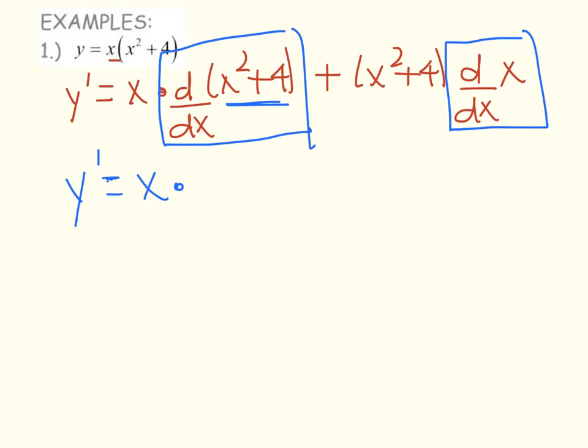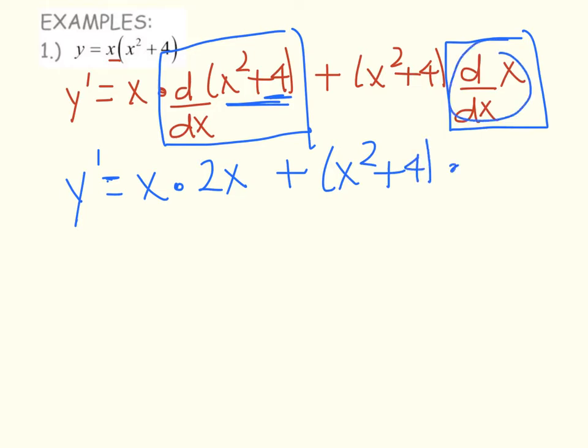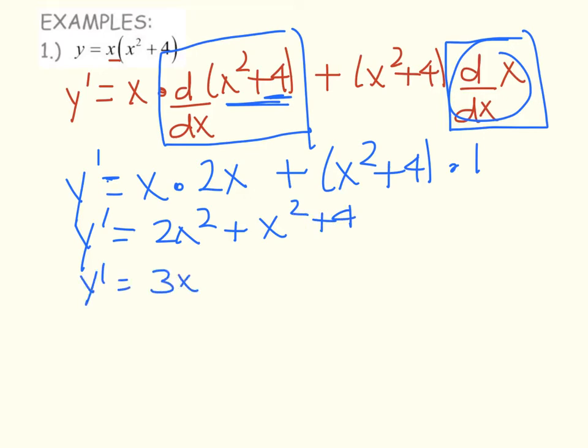The derivative of x squared plus 4 is 2x plus 0, since the derivative of 4 is 0, plus my second function, x squared plus 4, times the derivative of x, which is 1. So I have successfully found my derivative, and I'm just going to simplify this. x times 2x is 2x squared, plus x squared plus 4, which is 3x squared plus 4.